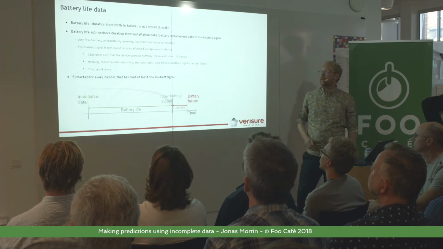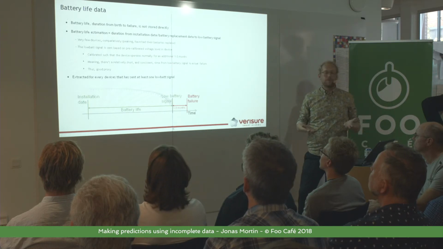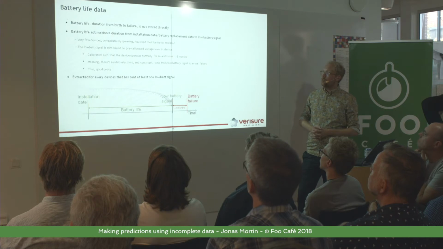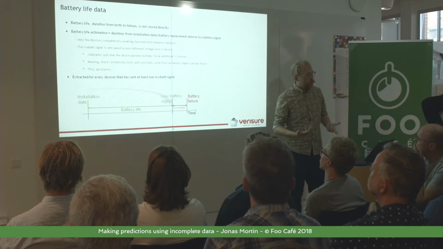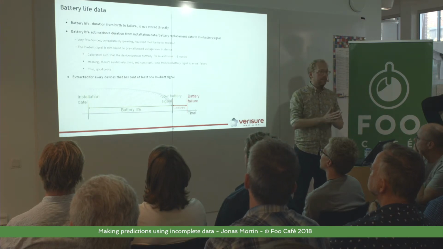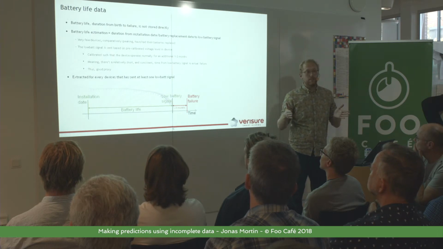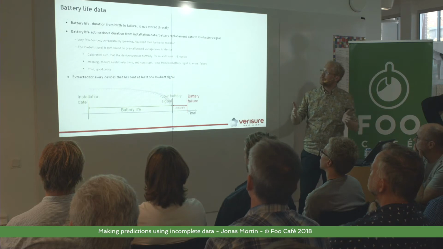The battery life, the duration from birth to failure, is not stored directly. It usually isn't. So we have to estimate it. And the estimation we make is we take the duration from installation until it sends the low-bat signal.